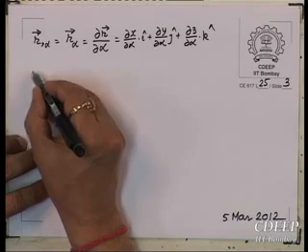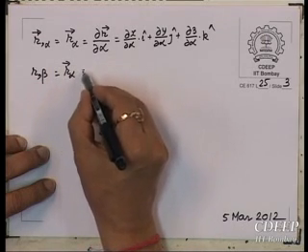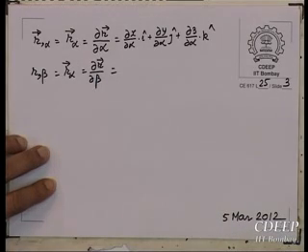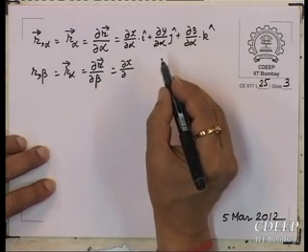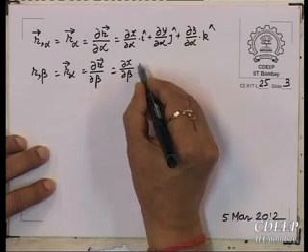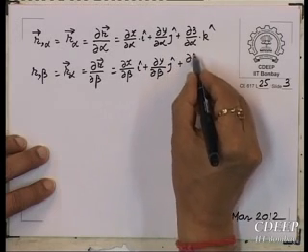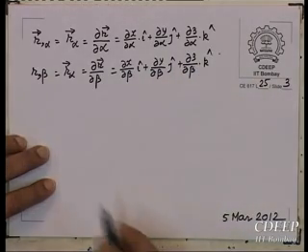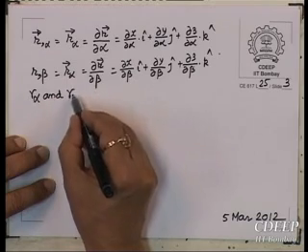And similarly R beta, that means I am taking the derivative with respect to beta. Now, what are R alpha and R beta?